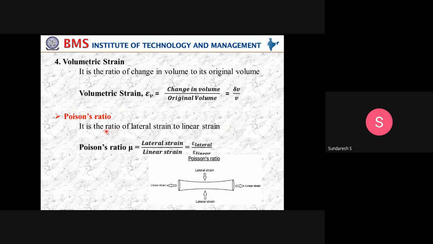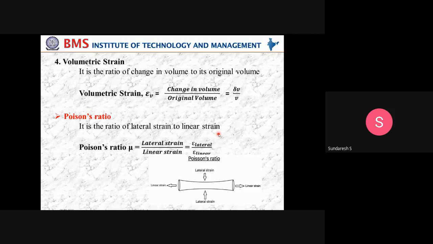We define Poisson's ratio as a ratio of lateral strain to the linear strain. When a member is subjected to axial loading, it experiences two types of strain. One is along the longitudinal or linear direction, and another along the direction perpendicular to the axis, which we call lateral strain.